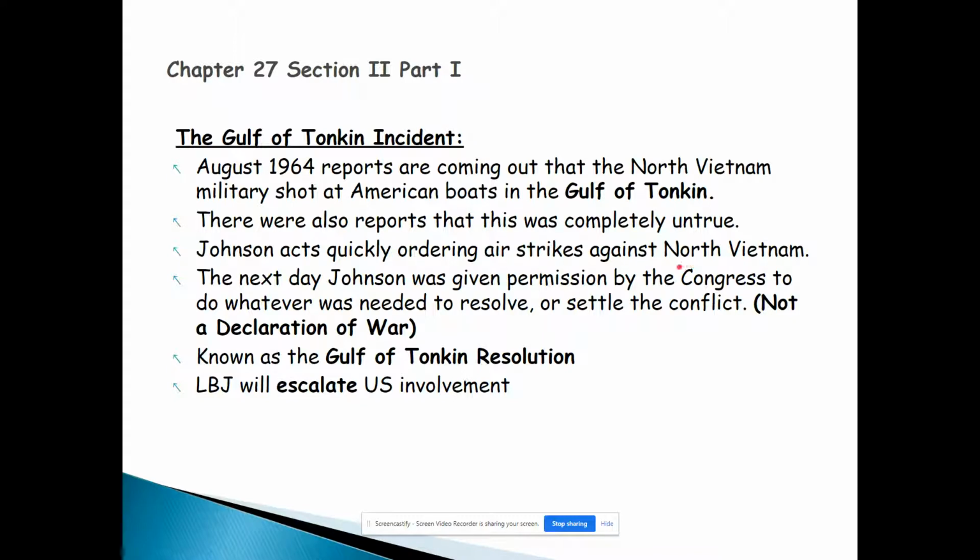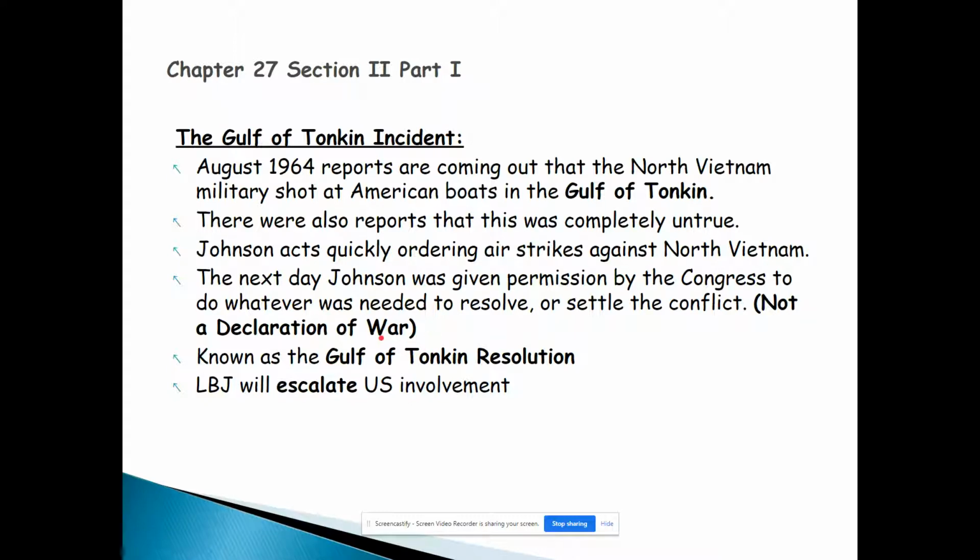The next day, Congress, and this is so important, does not give him a declaration of war. They give him what's known as the Gulf of Tonkin Resolution, and I'm going to explain this. What it basically says is the president can do whatever was necessary to handle the issue in Vietnam.